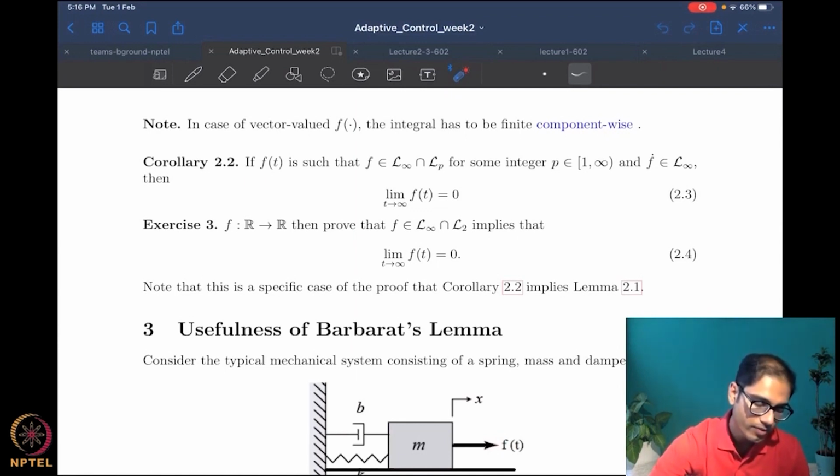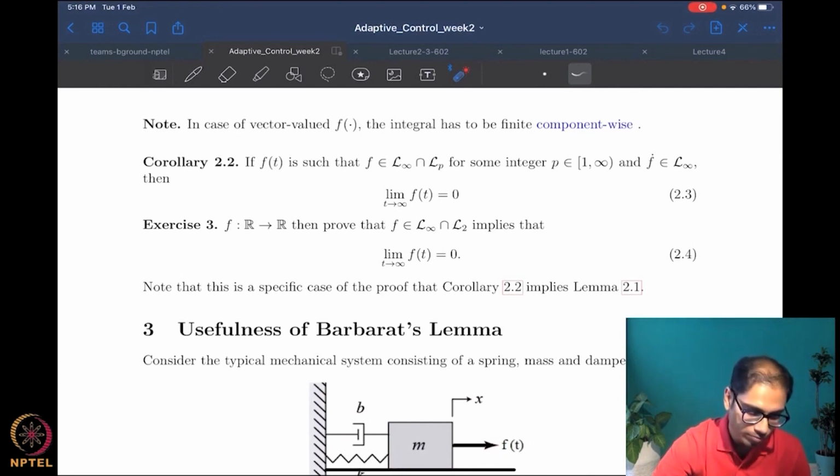It says that if the function is both L infinity and Lp for some p, where infinity is not included because of course you already have infinity here, and further f dot is L infinity, then the function converges to 0 as t goes to infinity. This is a different characterization of Barbalat's lemma.